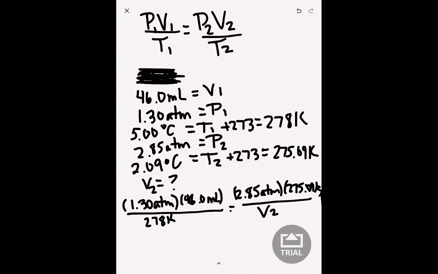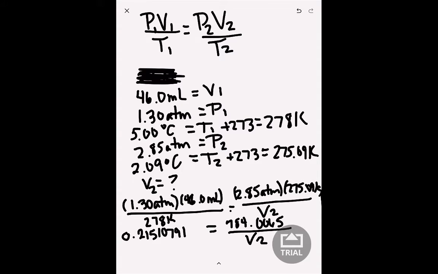And I'm going to get an answer there, 0.21510791. And then on the other side, I'm going to have 2.85 times 275.09, and that is 784.0065, and that's over V2.